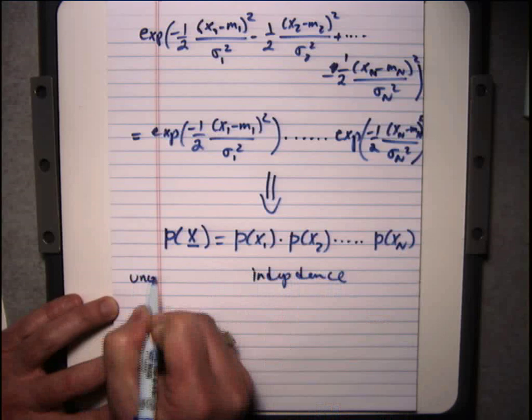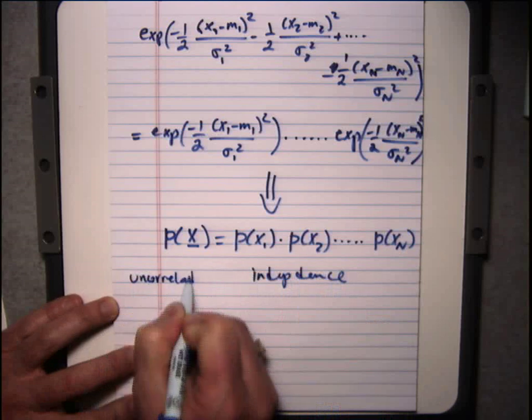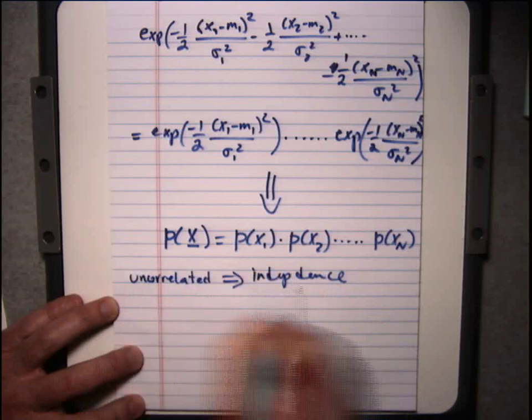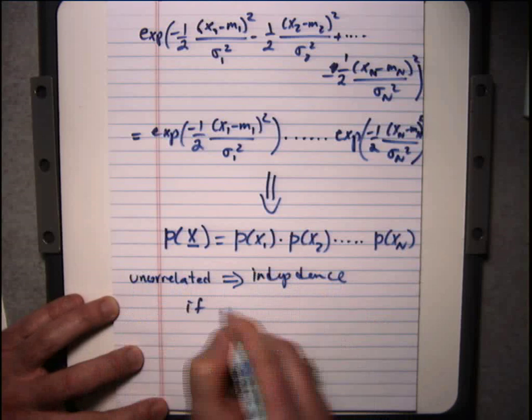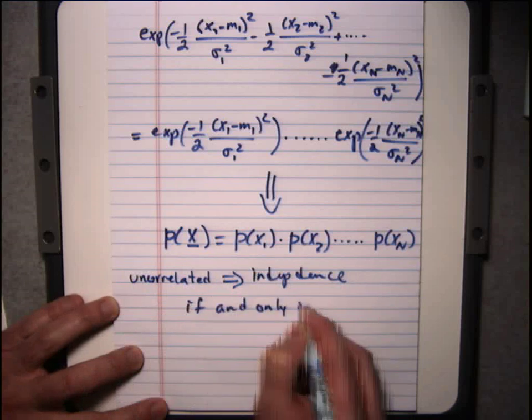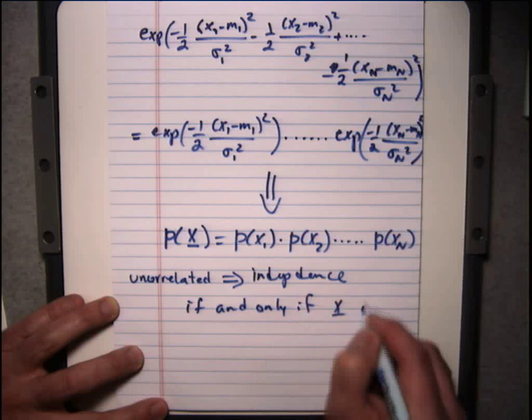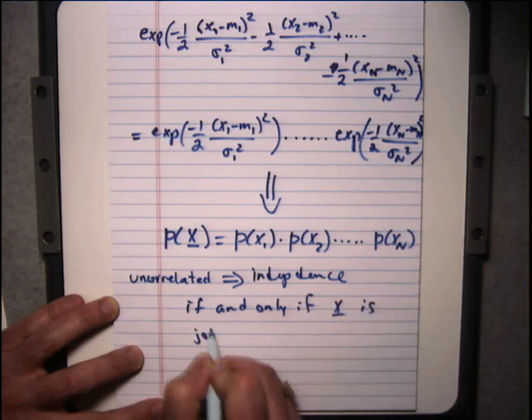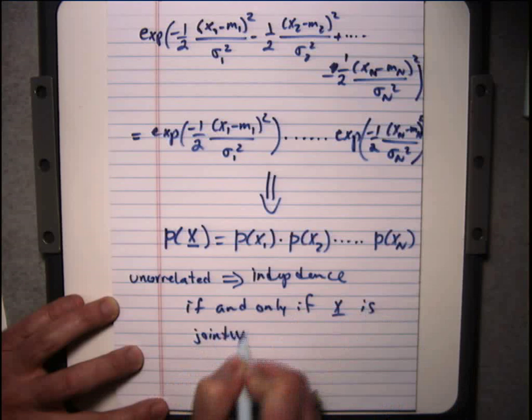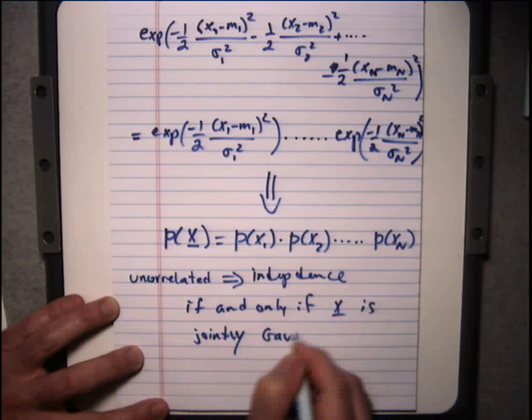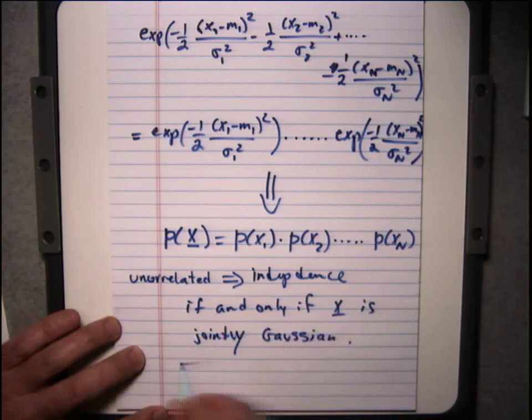So uncorrelated implies independence if and only if x is jointly Gaussian. This is really important.